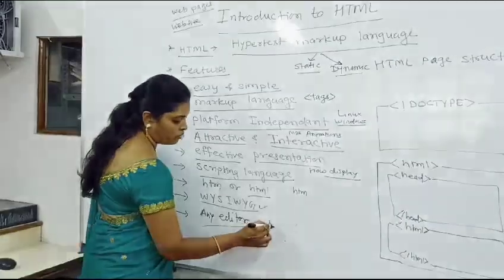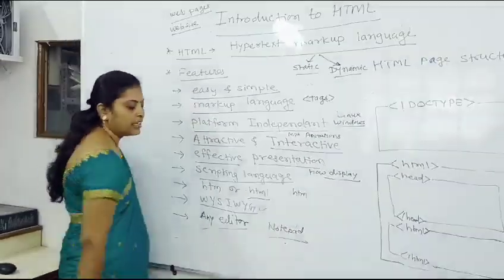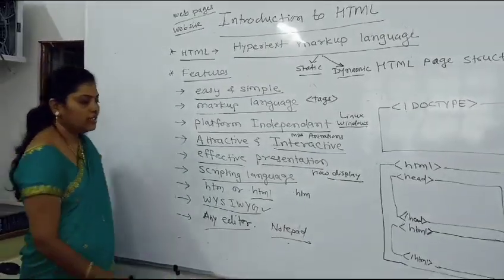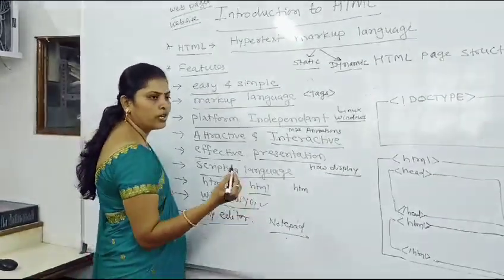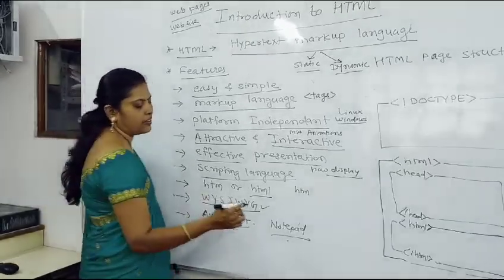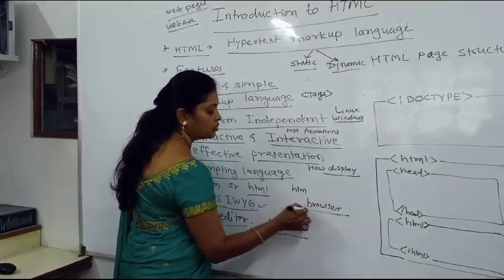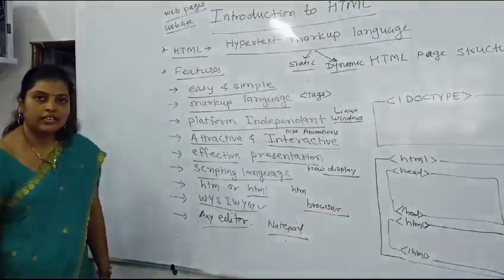For example, Notepad or any other simple editor is used for creating the HTML file, and no extra software is used for executing it. Any browser installed in your computer is used to execute the HTML file.